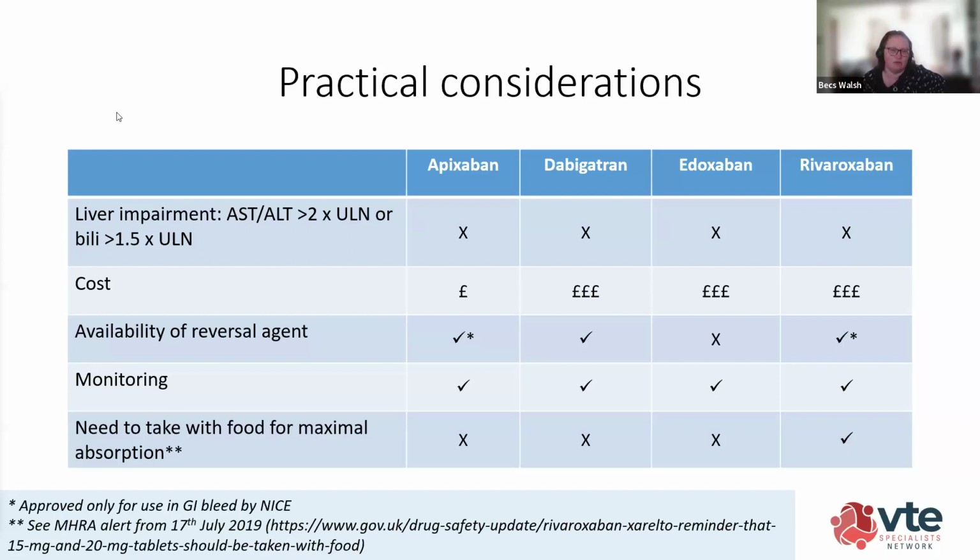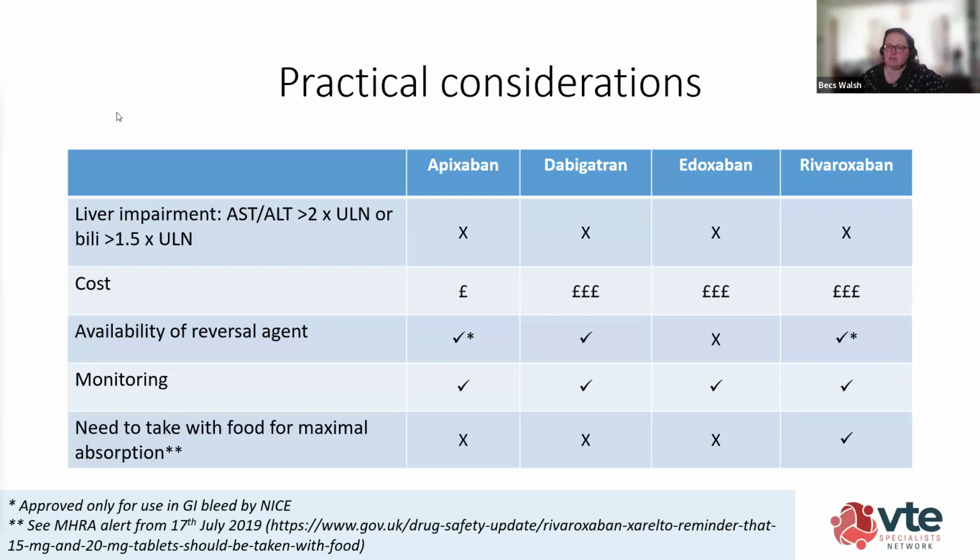Reversibility, we've already touched on it a little bit, can be an issue. I think more so when we were switching patients from warfarin, because at that point we didn't have a huge amount of experience with the DOACs, and there was a known reversal agent for warfarin. We basically had a well-established pathway for managing patients who were over anticoagulated with warfarin.